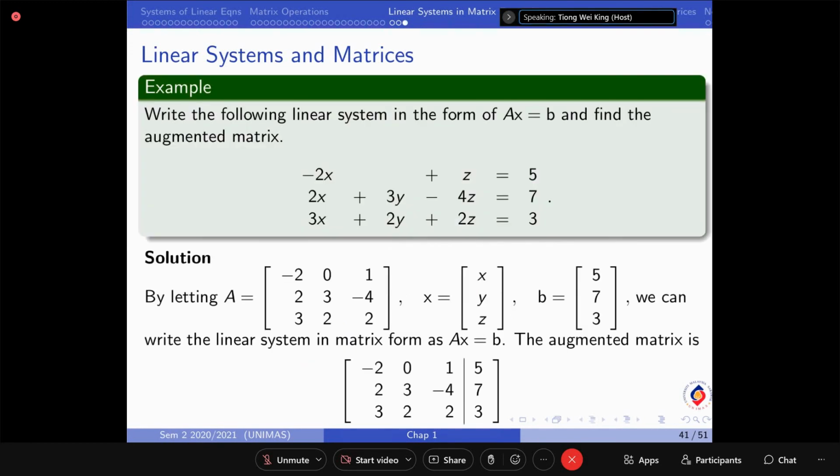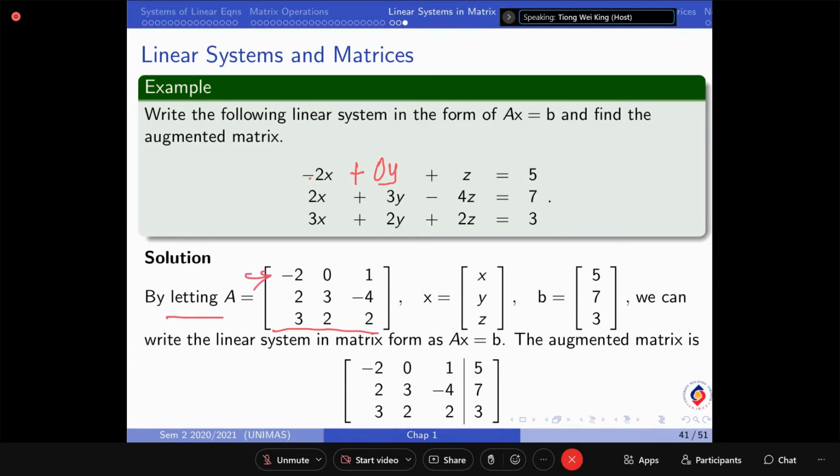Now an example. Write the following linear system in the form of AX equals B and find the augmented matrix. Let A be the coefficient matrix. If you look at our system, you take out all the coefficients.